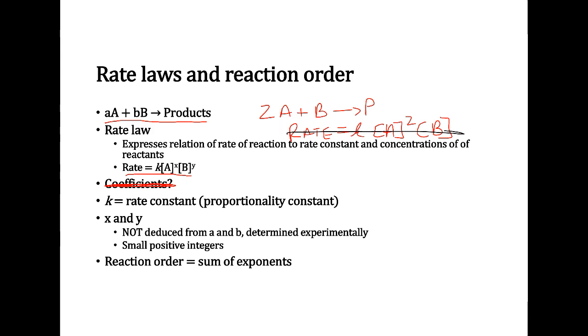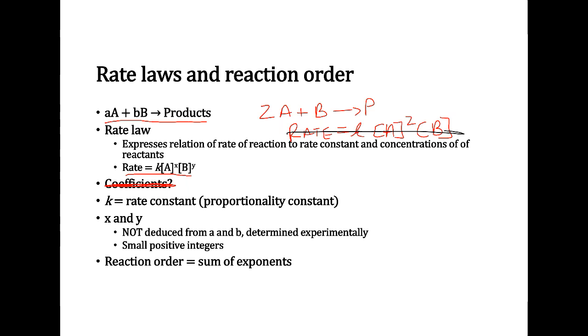After you've found what X and Y are, what your exponents are, you can figure out the reaction order. The reaction order is the sum of your exponents, and we're going to explore the effect of reaction order on rate in just a little bit. Then as we get going, we'll also be able to use different reaction order equations to find the concentration at a given point in time of our reaction.